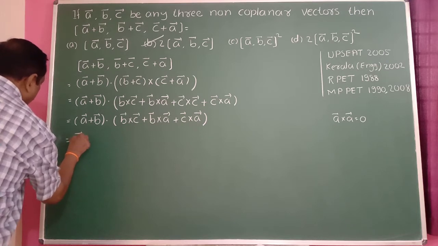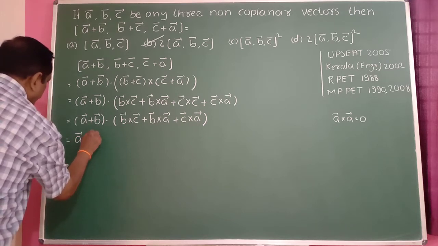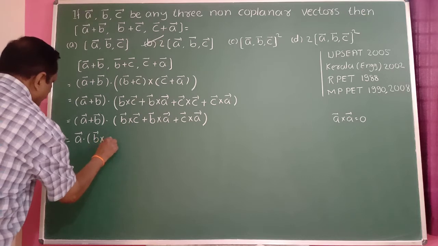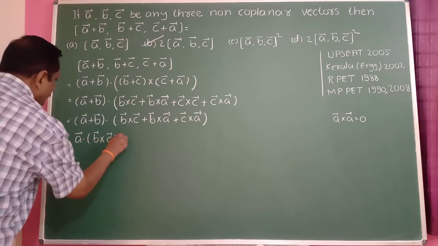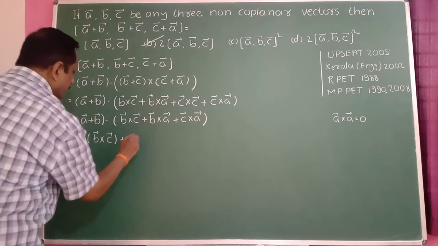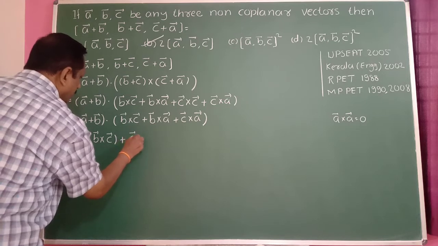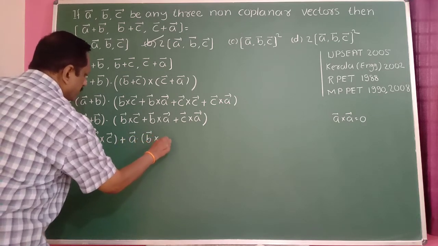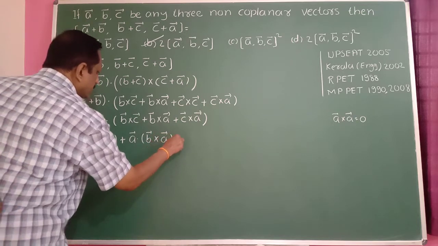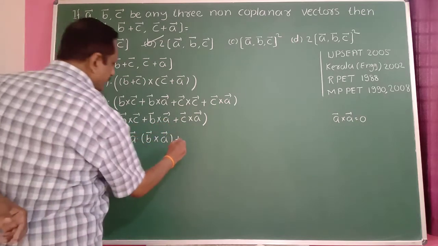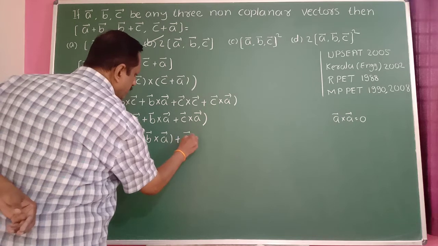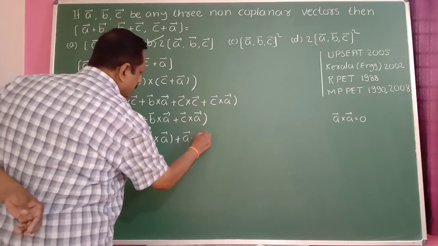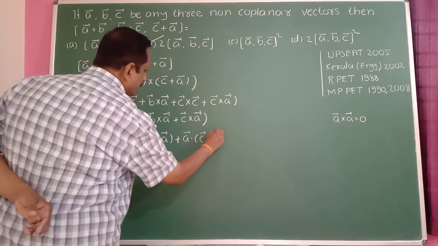So this is equal to a bar dot of b bar cross c bar, plus a bar dot of b bar cross a bar, plus a bar dot of c bar cross a bar.